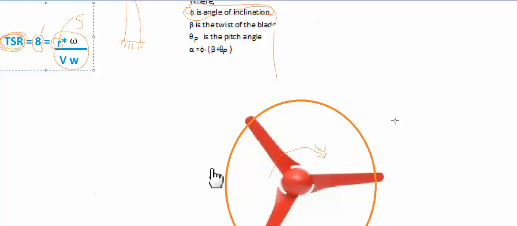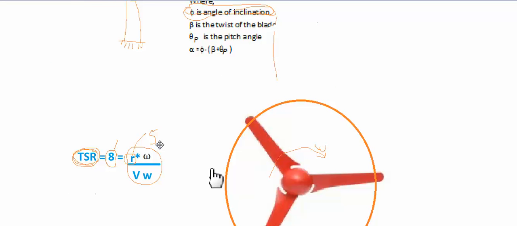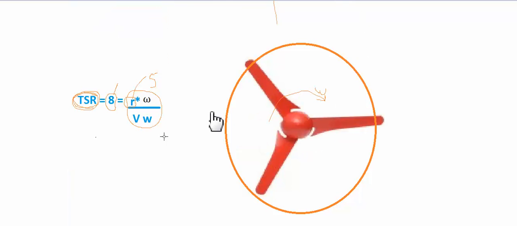So the tip speed ratio is nothing but radius times omega divided by velocity of wind. Now, say for example, somehow you have managed to make the tip speed ratio equal to 8 at the tip.